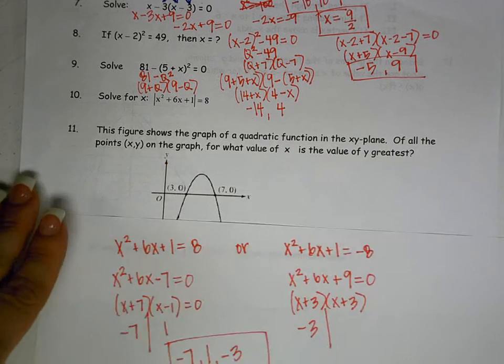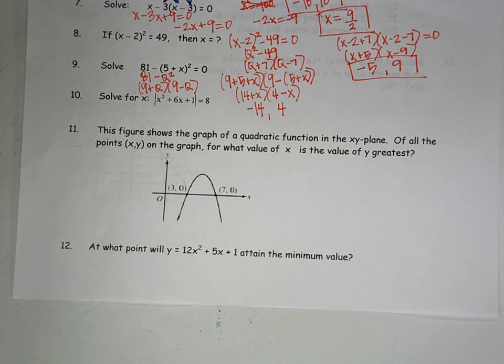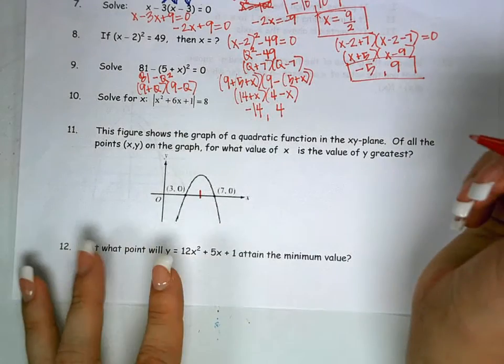Next one. This figure shows the graph of a quadratic function on the xy plane. Of all the points on the graph, for what value of x is the value of y greatest? What is this asking you? No equations. We're asking for the maximum. So what is the x coordinate of the maximum?